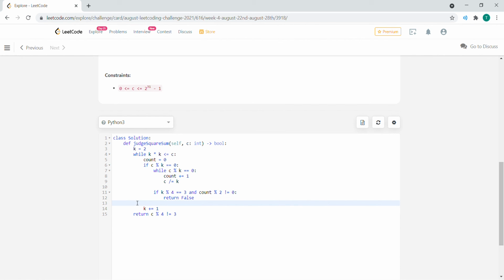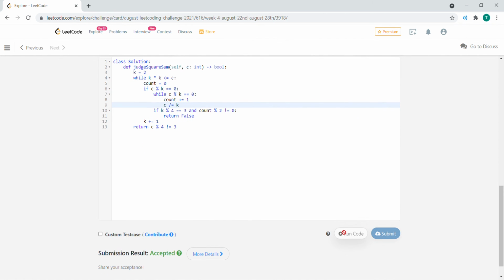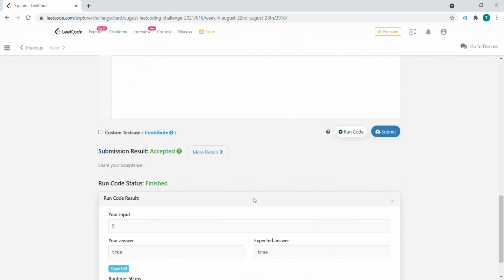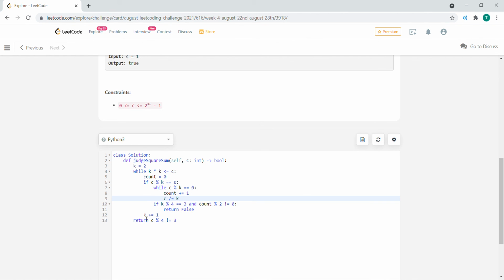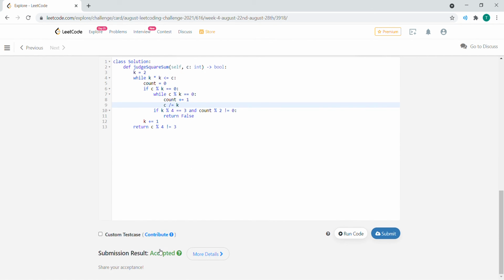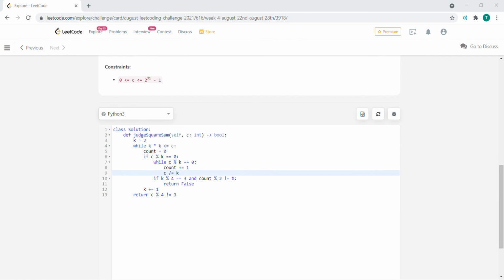I'm just going to erase this a bit. All right, let's run this. And down here we see that we reject the number of the form c equals 4k plus 3, where k is a non-negative integer. Accepted. All right, so that's using Fermat's theorem.